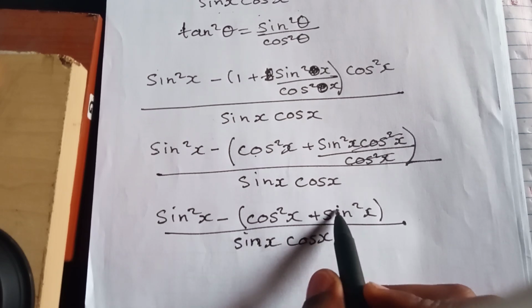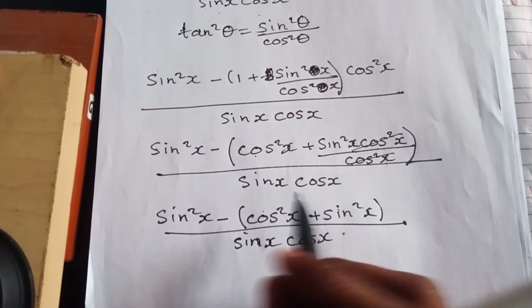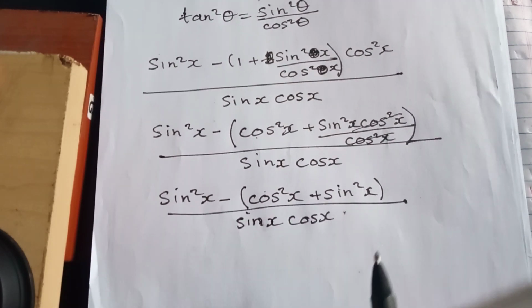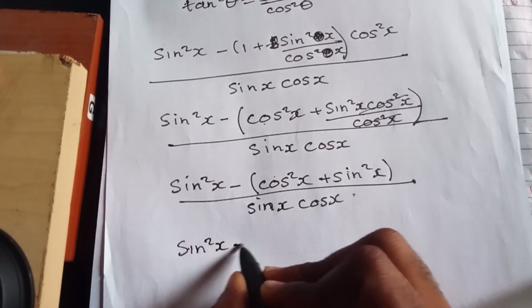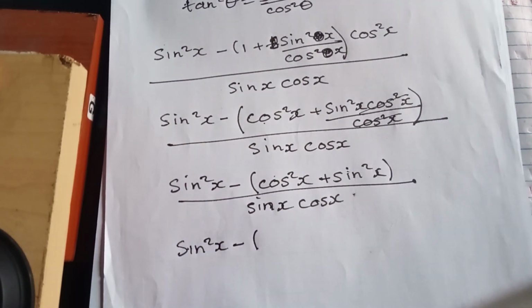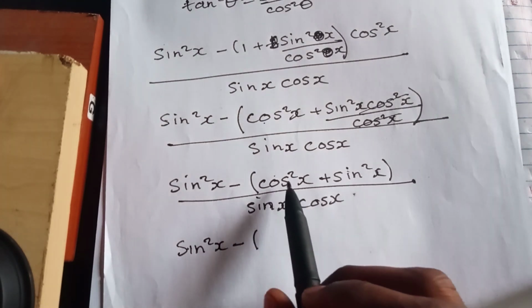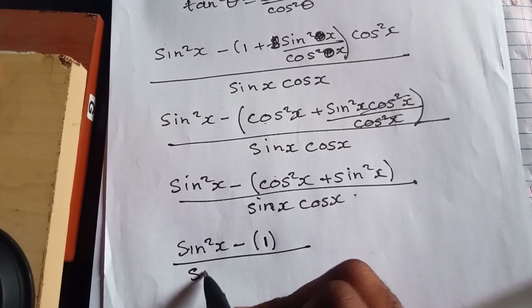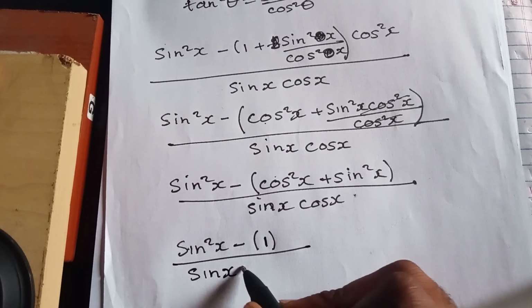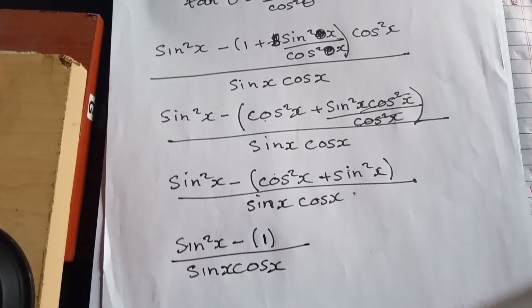We know that sin²θ plus cos²θ is equal to 1. The order doesn't matter. Remember, addition is commutative. So this one plus this is just the 1. Then everything over sin x cos x.